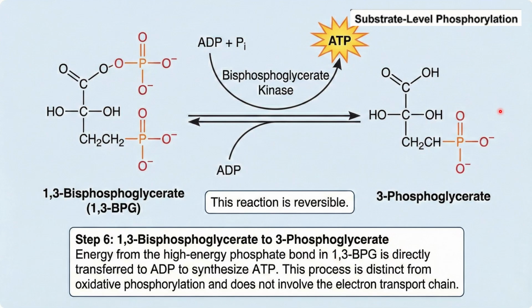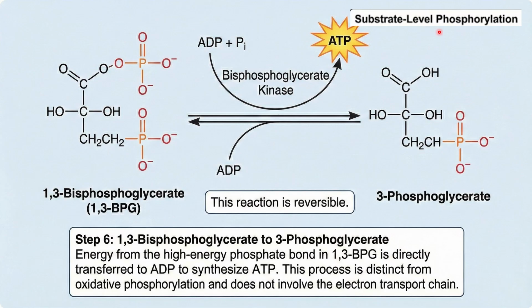That is oxidative phosphorylation. Whereas here the ATP is synthesized without the help of the electron transport chain. Hence the ATP formation is happening at the substrate level itself. There is no involvement of mitochondria, no ETC. Hence it is substrate level phosphorylation.